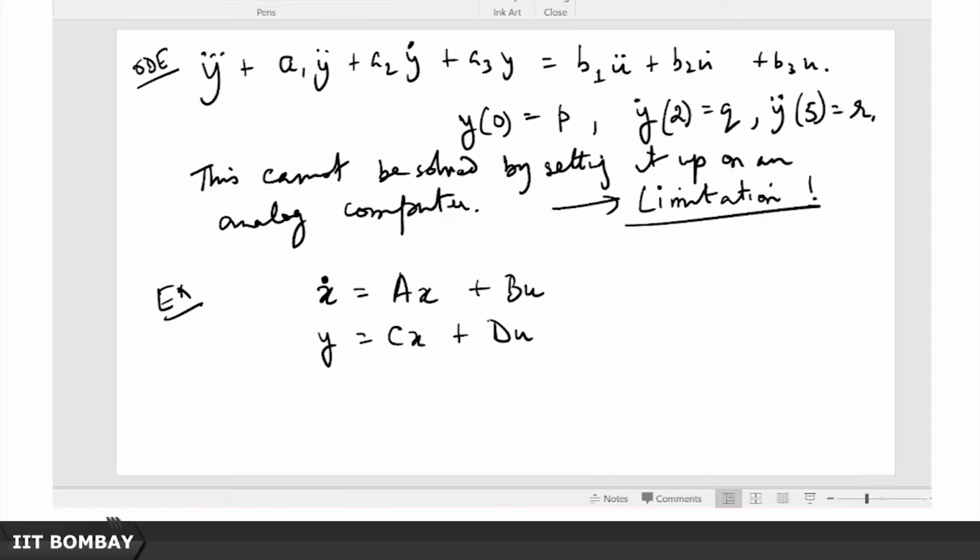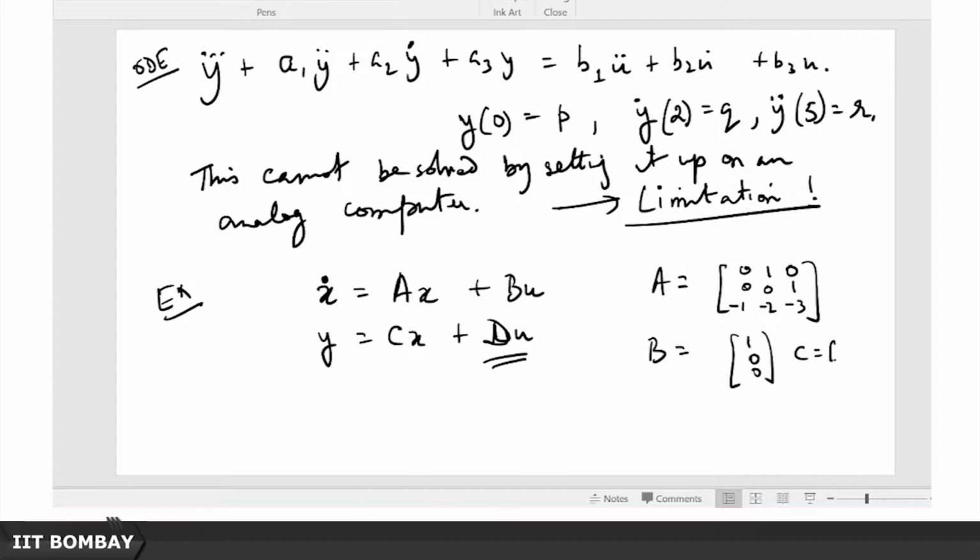Of course, we are also making allowances for the feed forward, that is this Du term, and let us say A is given by [0 1 0; 0 0 1; -1 -2 -3], and suppose B is given by [1 0 0] transpose and C is given by [1 0 0], and D is 0.